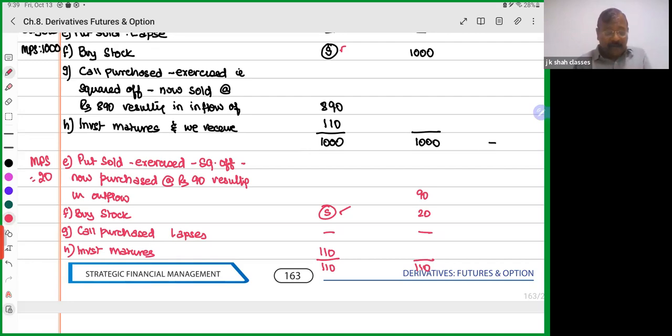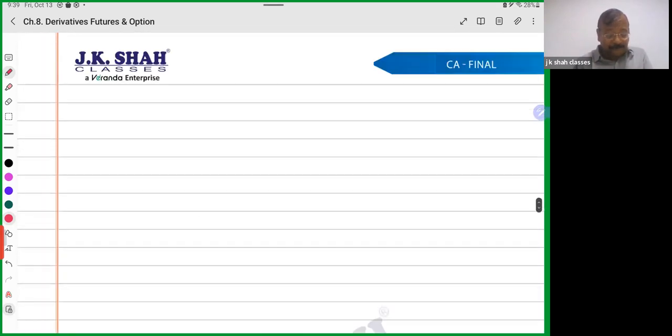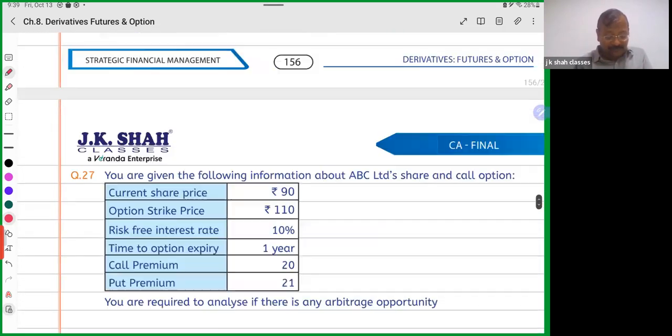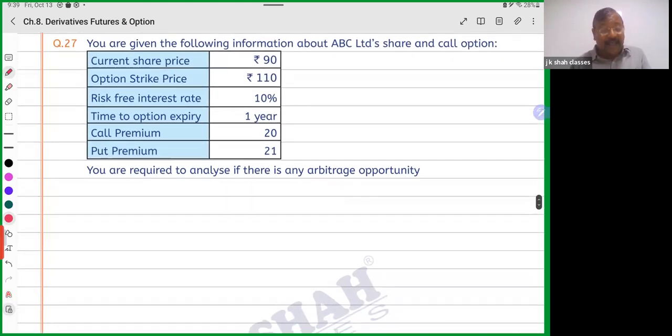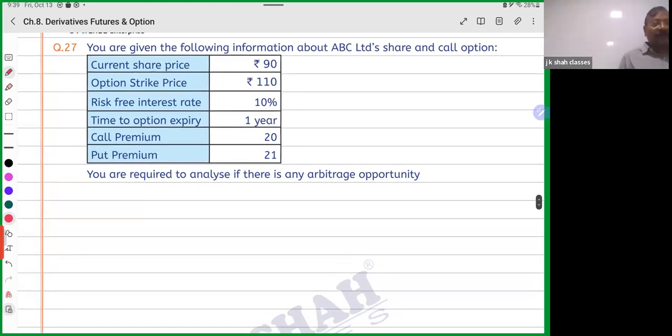Now, let's look at the 27th problem. And this we will do it together. And we will test it for arbitrage for market price on expiry of 370 or 15. ये लिख लो.